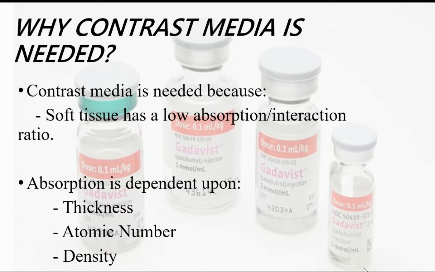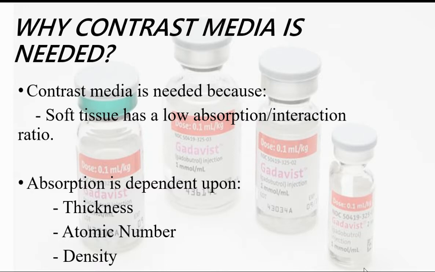So these are the soft tissues, which have different absorption, and it will depend upon the thickness, atomic number, and density. For thickness, the thicker the anatomic part, for example the bones, the higher the absorption. For atomic number, the higher the atomic number, the higher the absorption.